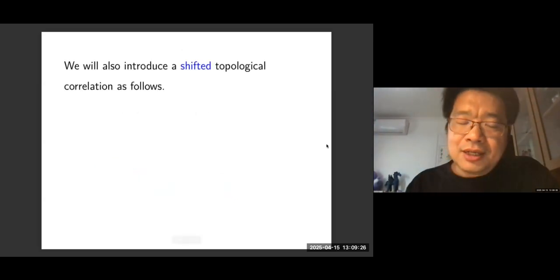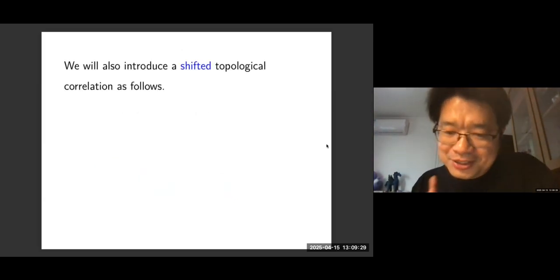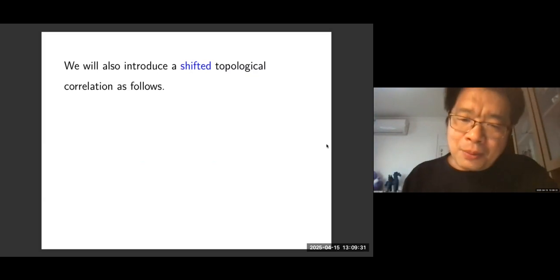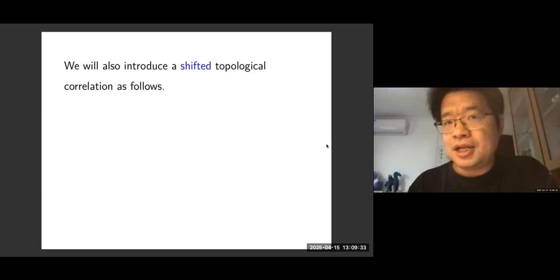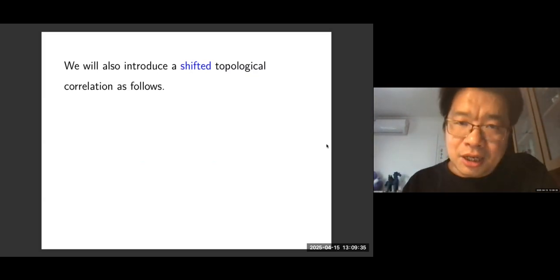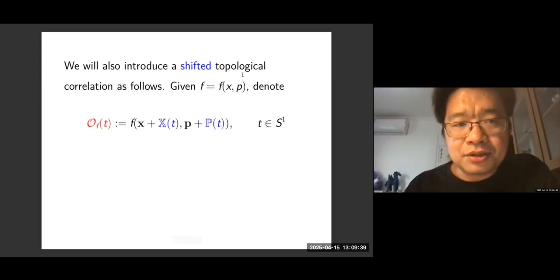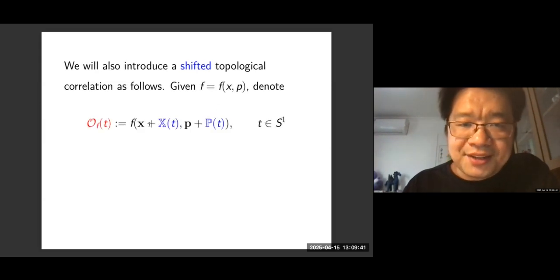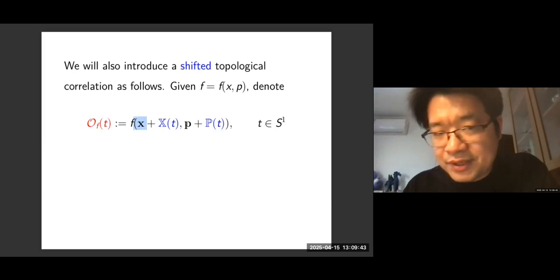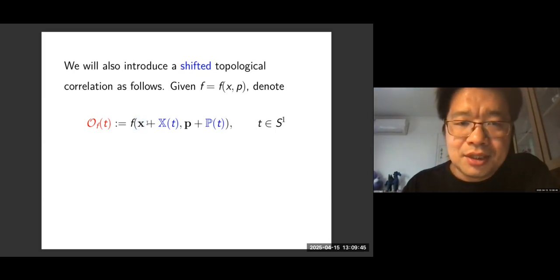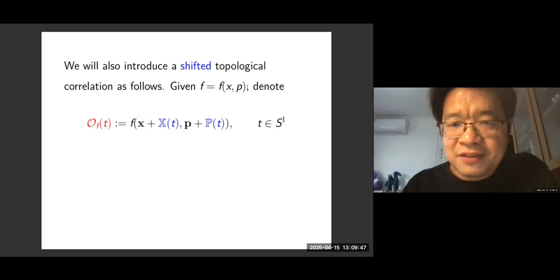Now we can do a little bit more. Let me show you how to incorporate some algebraic structures, some homological theory, out of this data. First, let me introduce the shifted topological correlation as follows. I think about this x and p, my original variables, as zero modes. Start from a function on the phase space.